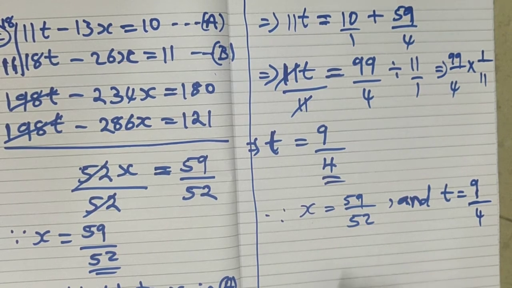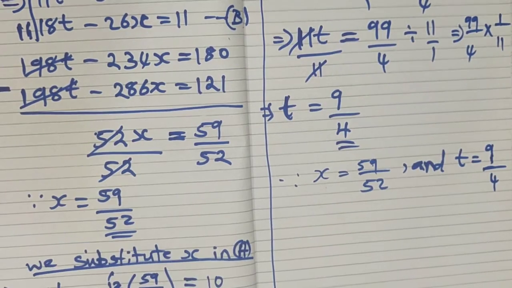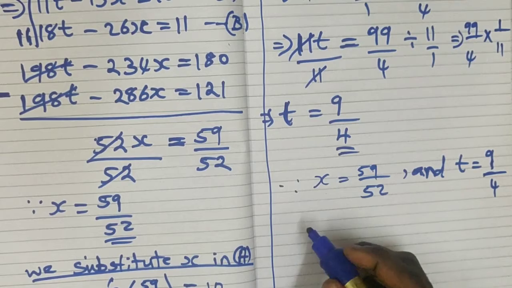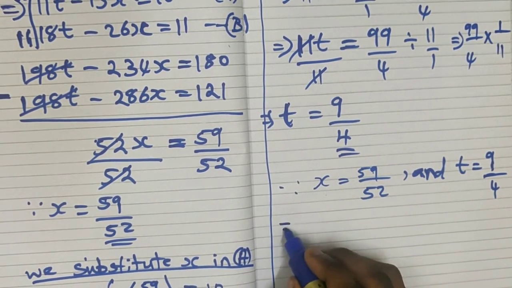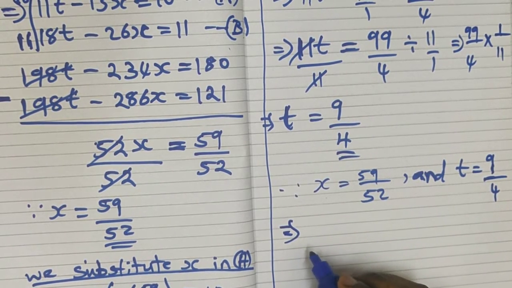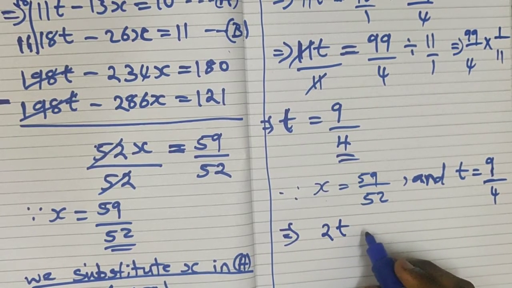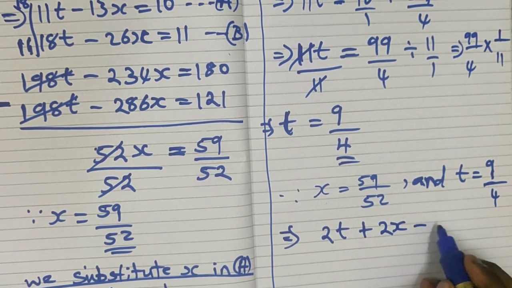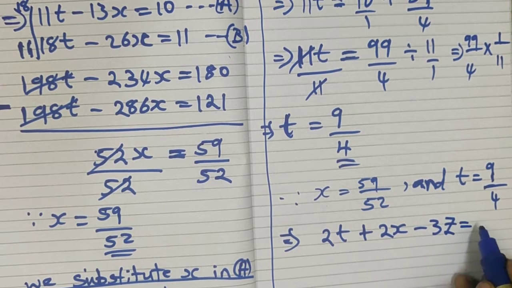So let's use, substituting x and t in equation 1, this is our equation 1. Let me put our equation 1 here. Our equation 1 was 2t plus 2x minus 3z equals to 1.